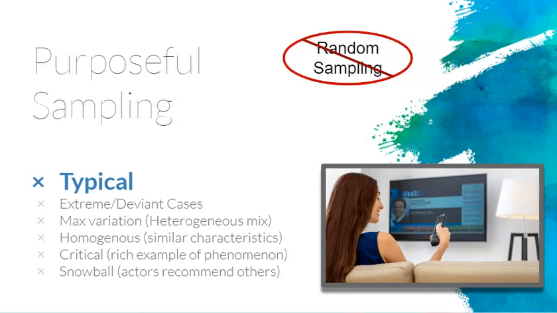Or families with both parents are typical, so I'm going to choose families where both parents are in the family. Or we can have typical single parent families, and we might purposefully look at that and see what the parenting role is in families with both parents or single parent families.